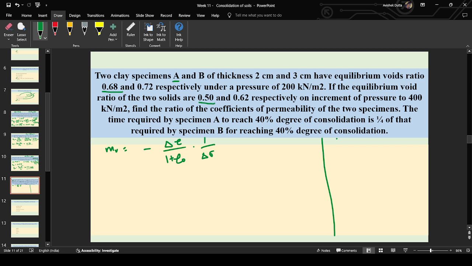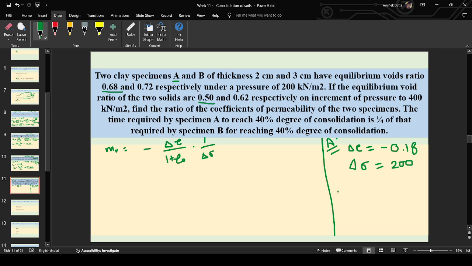So for sample A, del e will be final minus initial, that will be minus 0.18. And what is del sigma? It is 200. I am not writing units over here.